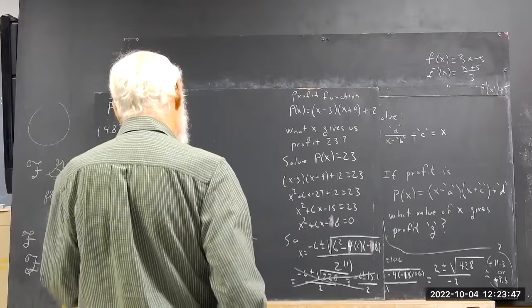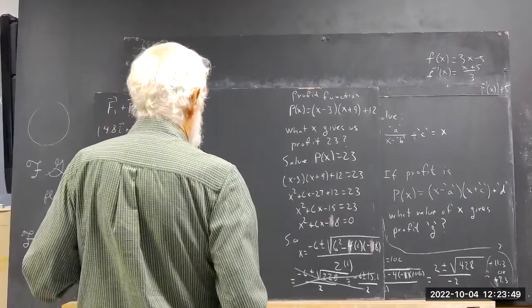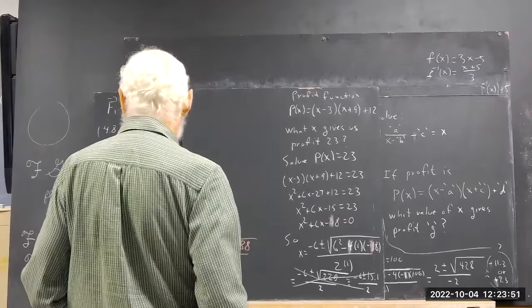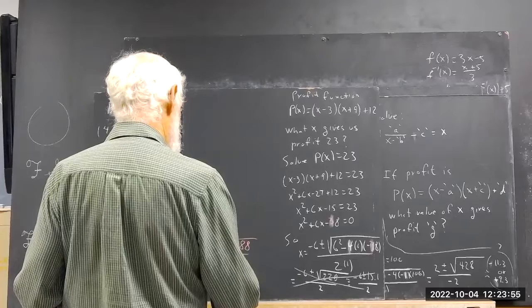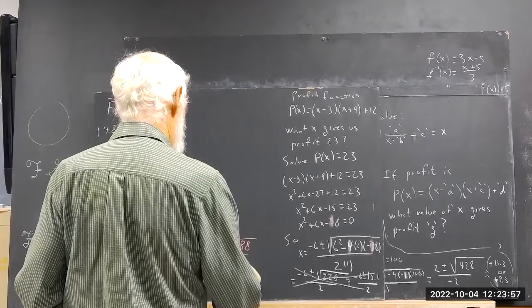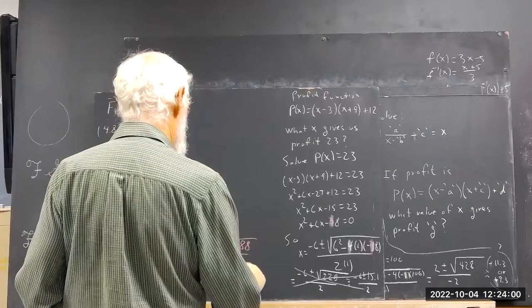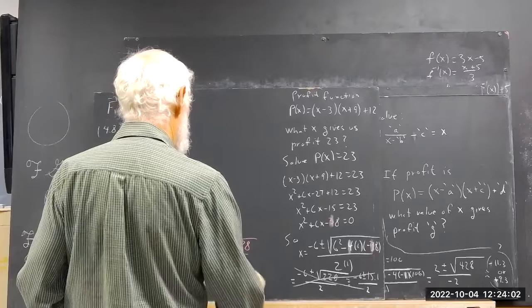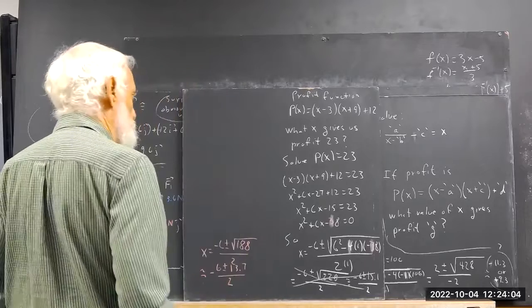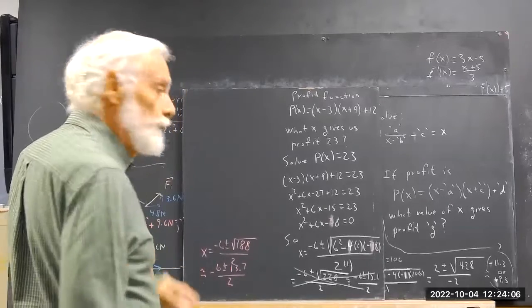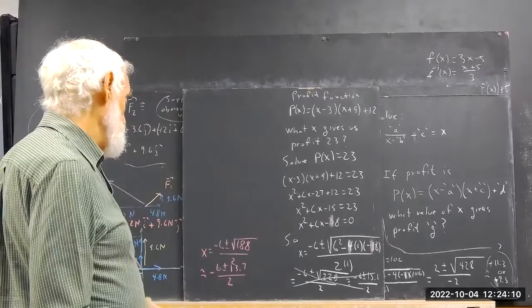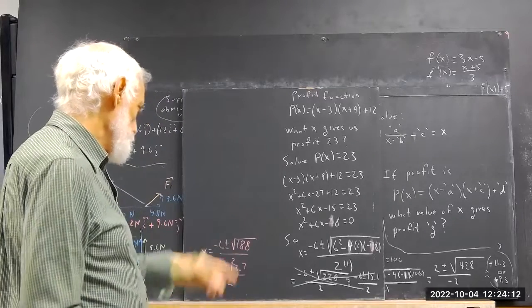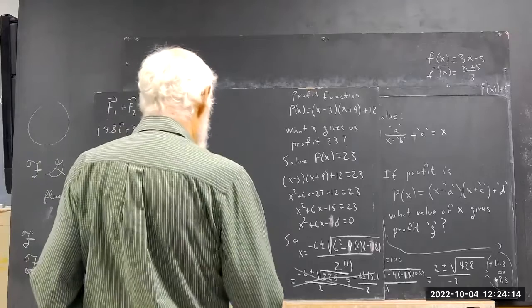And the square root of 188 is about 13.7, maybe, over 2. 13 squared is 169. Okay. Yeah, 14 squared is 196. That's a little close to 196.